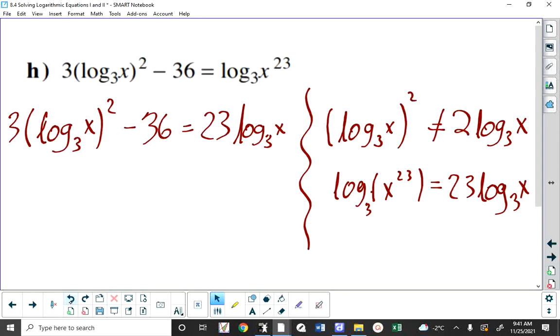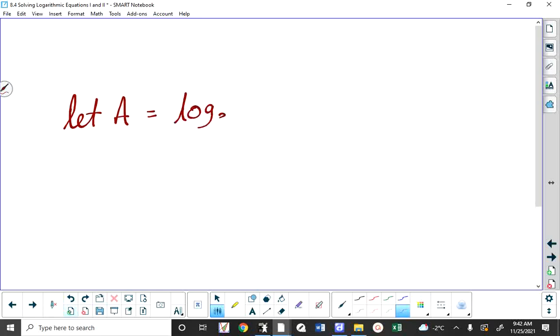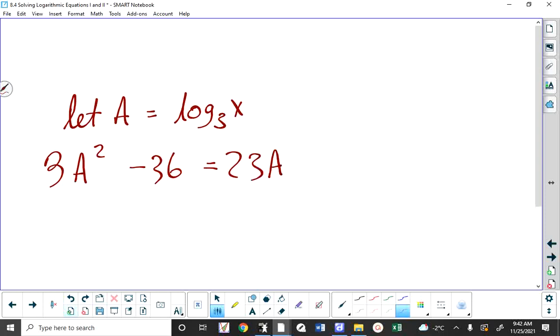I hope that everybody does not need to do what I'm going to do. But what you could do, and I'm going to put it on a separate page, is let a or some other letter equal log base 3 of x, which means the equation is going to become 3a squared minus 36 equals 23a, which really drives it home that it's a Math 20 problem at this point.